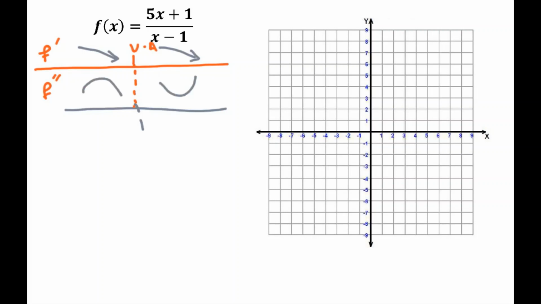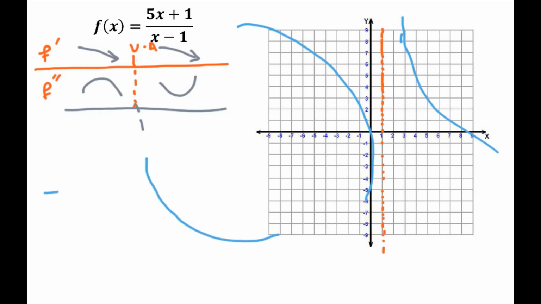So we're going to draw a vertical asymptote at 1. I know that the function was decreasing and concave down, so it could be something like this, and then decreasing again, but concave up. So decreasing and concave up looks something like this.